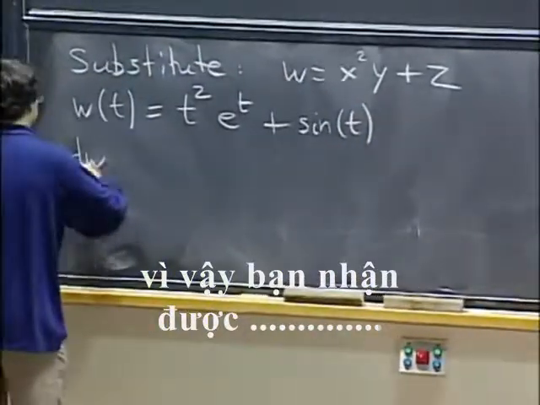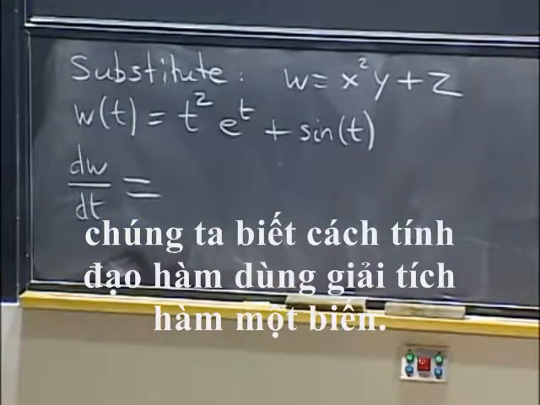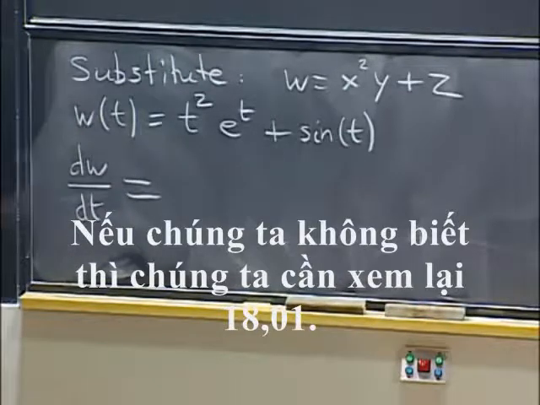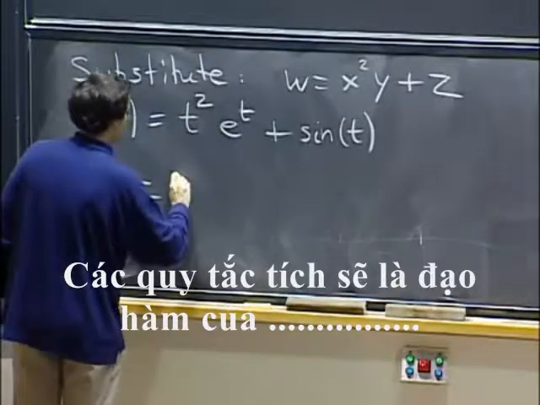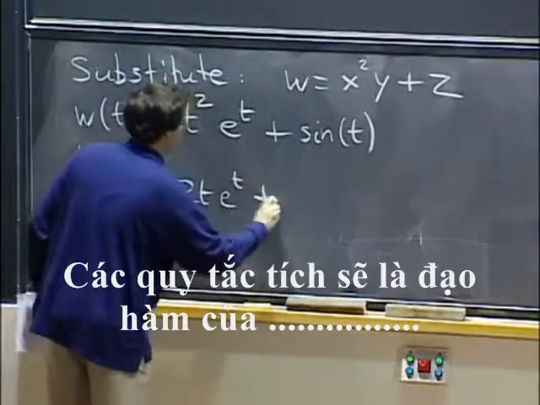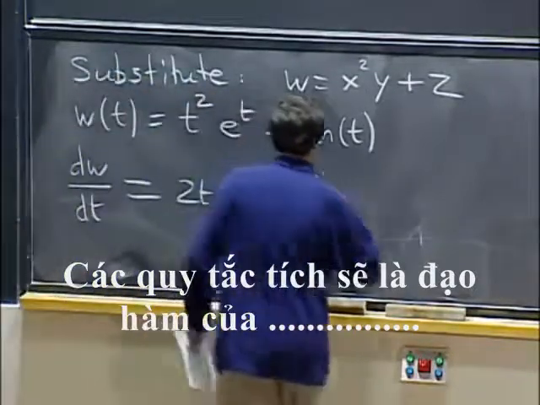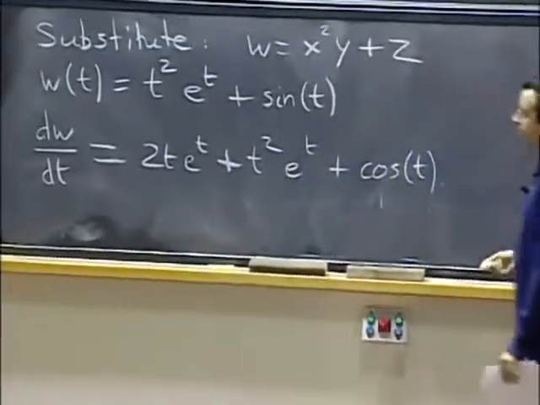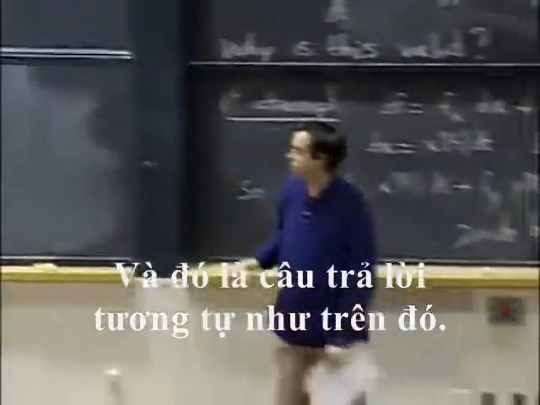So dw dt, we know how to take the derivative using single variable calculus. Well, we should know. If we don't know, then we should take a look at 1801 again. So by the product rule, that will be derivative of t squared is 2t times e to the t plus t squared times the derivative of e to the t is e to the t plus cosine t. Okay? And that's the same answer as over there.